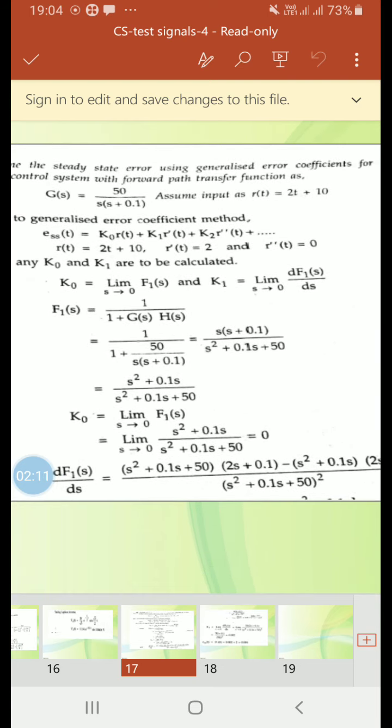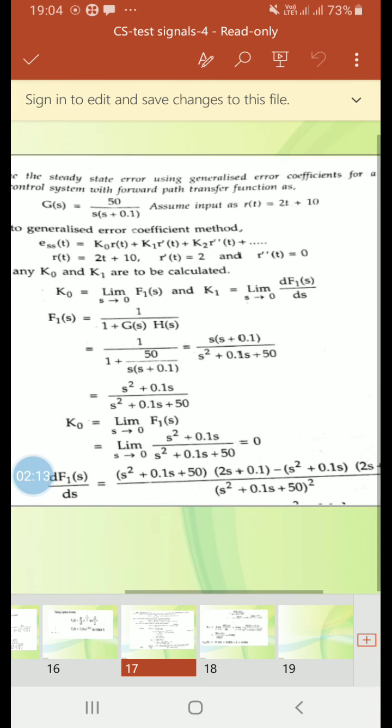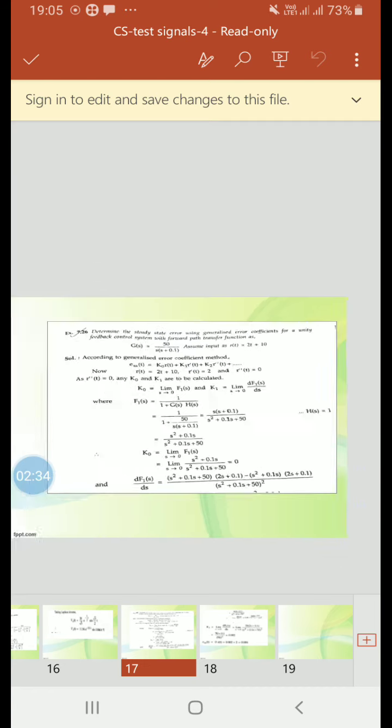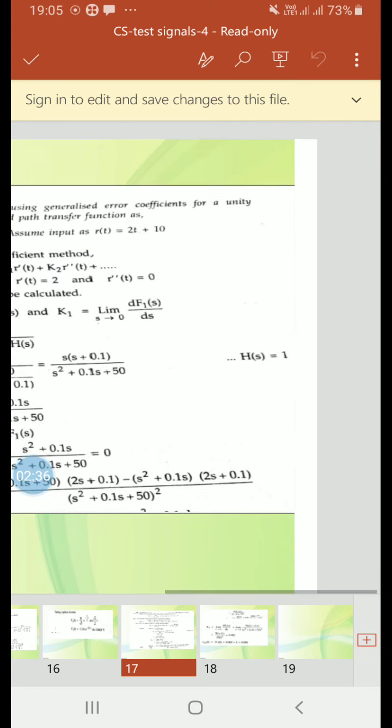Now, what is F1(s)? F1(s) is equal to 1 divided by 1 + G(s)H(s). So, substitute G(s) and H(s). G(s) is given as 50 divided by s(s + 0.1), so F1(s) = 1 divided by 1 + 50/(s(s + 0.1)) times H(s). H(s) is 1.